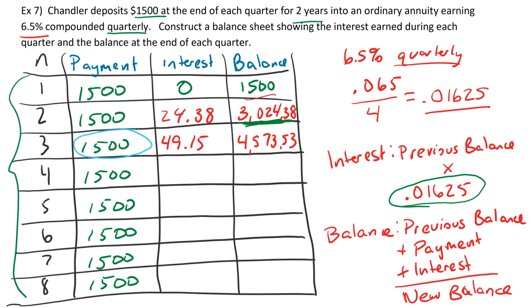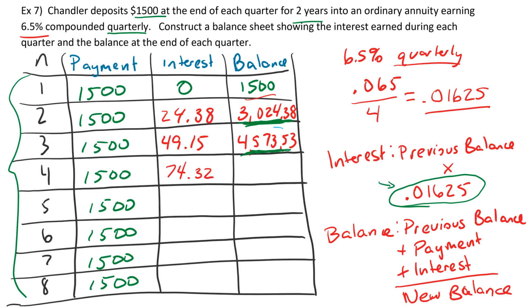And again, nothing new for the next row, we just repeat. We take the previous balance and multiply it by our interest number again. So that's going to be $74.32.